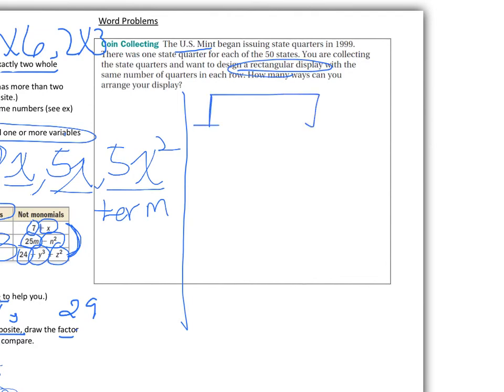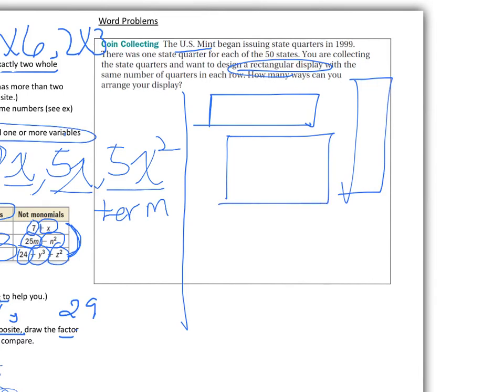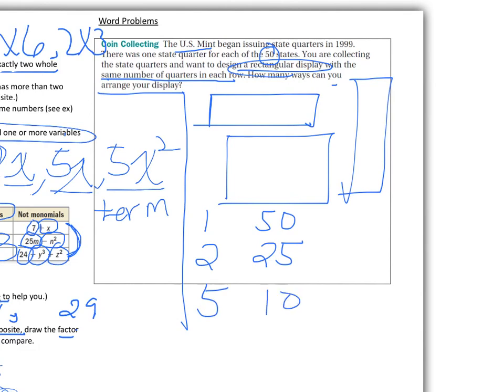Okay, so it could be like this, or like this, or like this, or many different ways, with the same number of quarters in each row. How many ways can you arrange your display? Okay, it seems like I need to take 50 and list all the factors. 1 and 50, 2 and 25, 5 and 10. Are there any more?